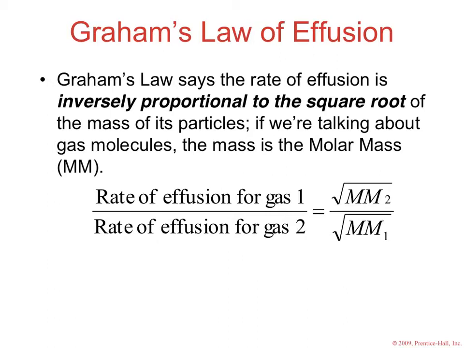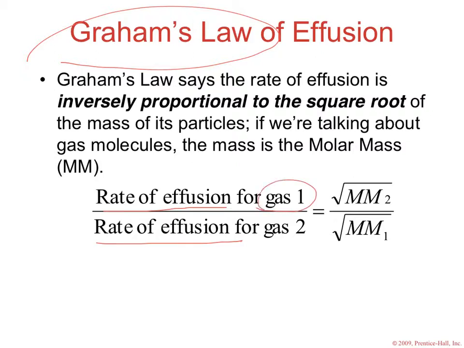All right, so there is a law or calculation that's very commonly used. It's called Graham's law, and that allows you to compare the rate of diffusion for two different gases. So let's say you're asked to get the relative rate of diffusion for two gases.